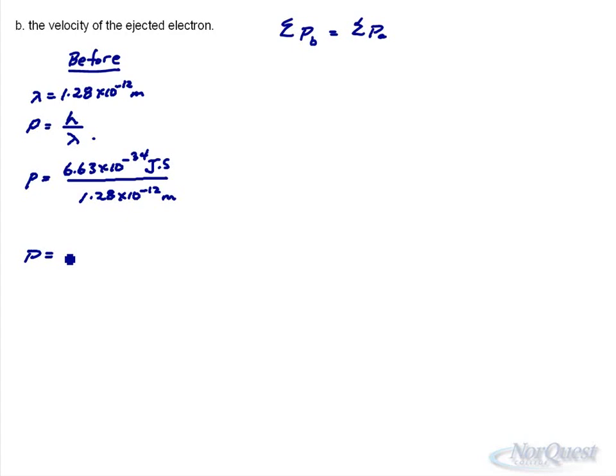So the momentum before, 6.63 to the exponent negative 34 divided by 1.28 exponent negative 12, gives us a total momentum of 5.1797. I'm going to keep this to a few sig digs. 5.1797 times 10 to the negative 22 kilogram meters per second, and this is straight east.